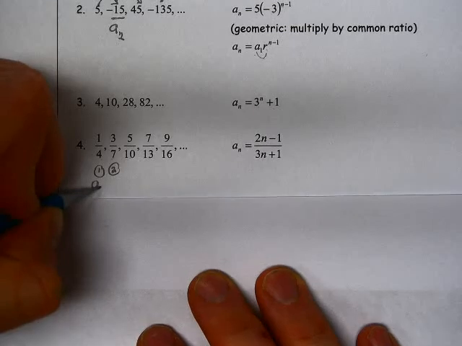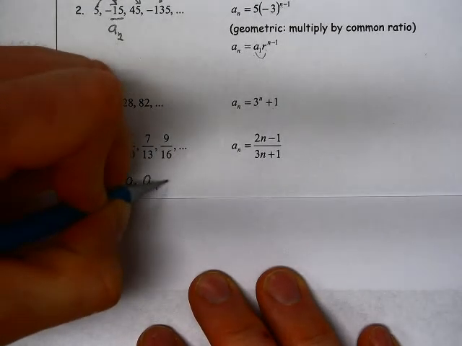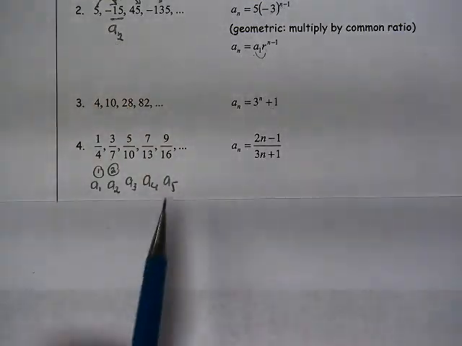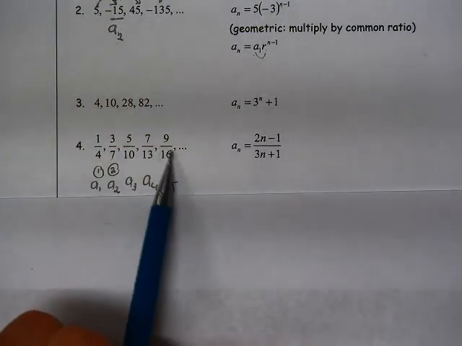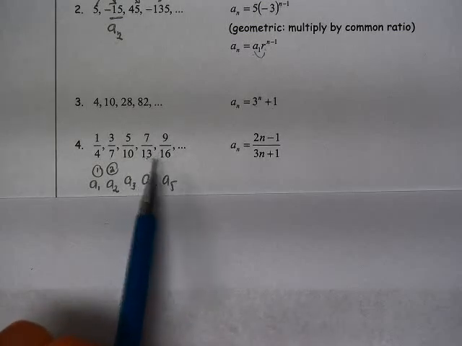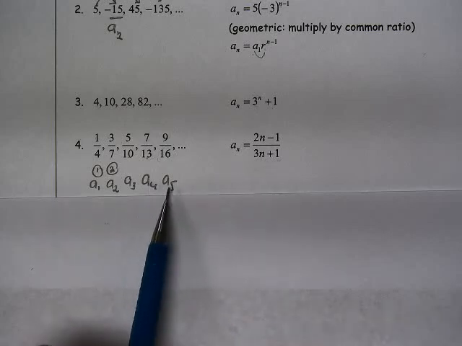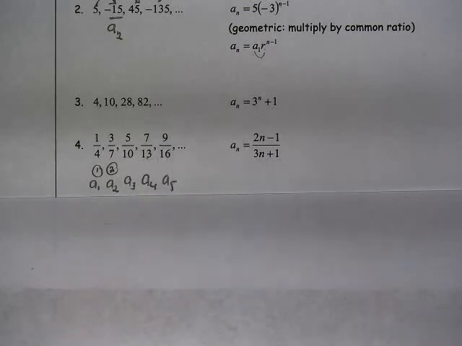Really I should use a sub 1, a sub 2, a sub 3, a sub 4, a sub 5. So when I look at this, I'm thinking about 5. Here I'm thinking about 4. So how can I go from a 4 to a 13? Well, I could triple it and then add 1. Or from the 5 to the 16, I could triple it and add 2.